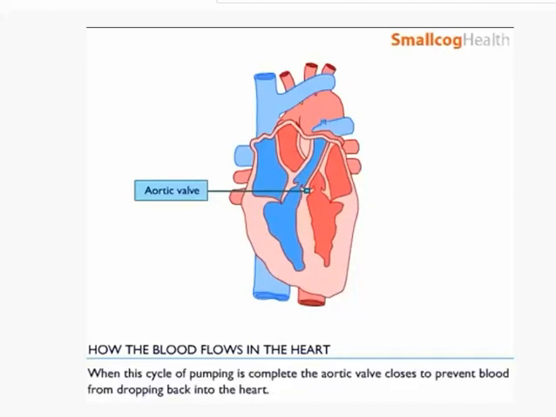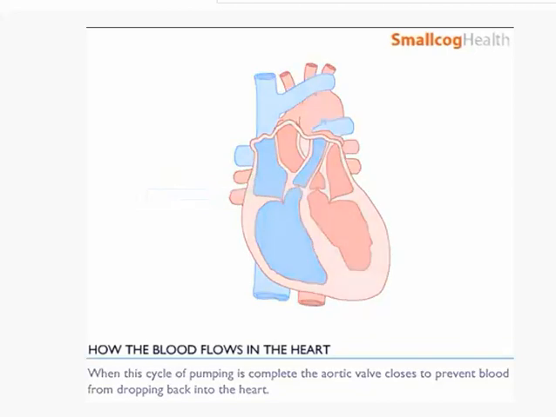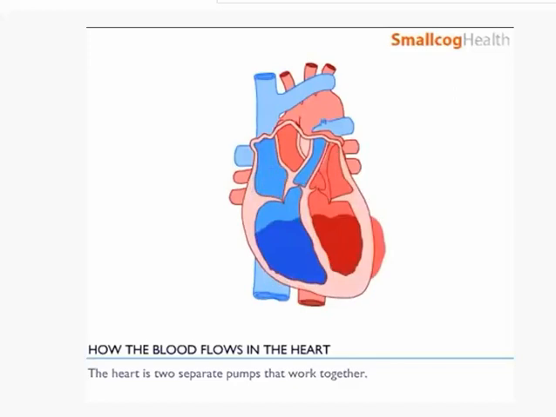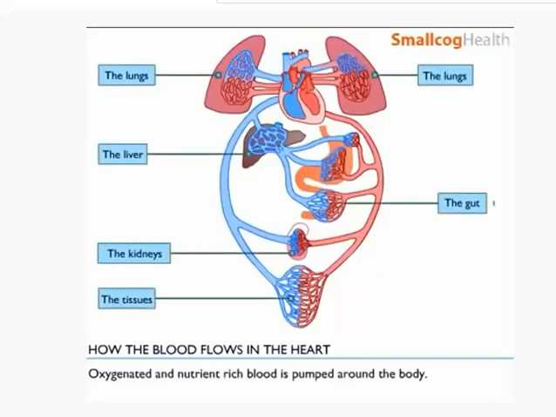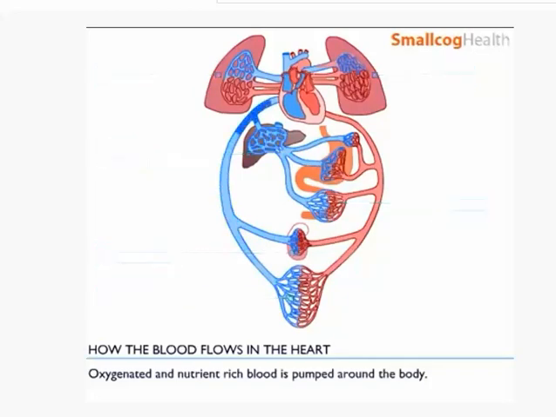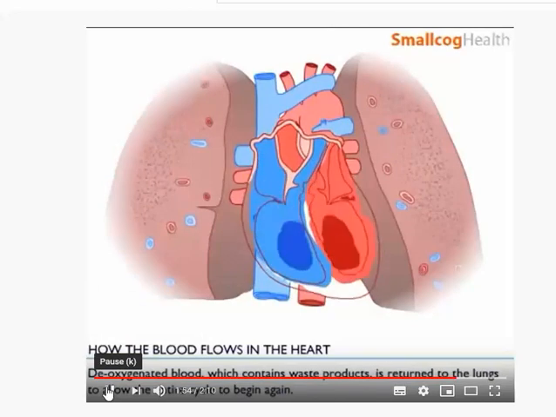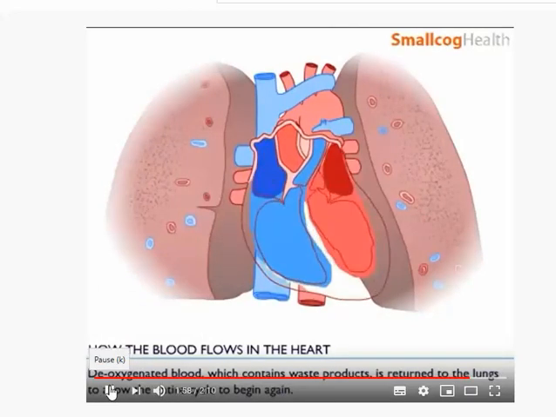When the cycle of pumping is complete, the aortic valve closes to prevent blood from dropping back into the heart. The heart is two separate pumps that work together. Oxygenated and nutrient-rich blood is pumped around the body. Deoxygenated blood, which contains waste products, is returned to the lungs to allow the entire cycle to begin again.